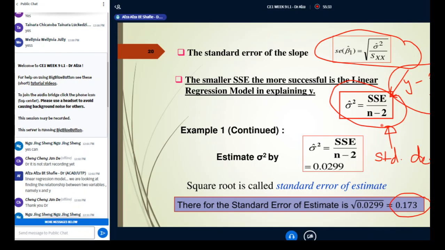So the question now is, sometimes the value of the standard error can be big. How do we make the standard error small?